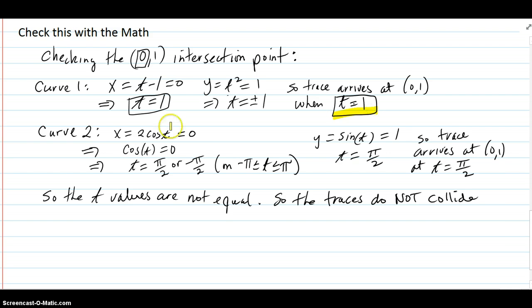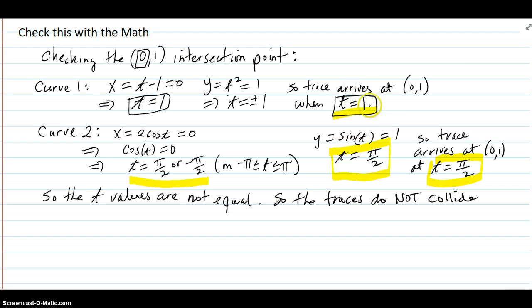Okay, and then similarly, doing curve 2, setting up the x equal to 0 and the y equal to 1, we find that you have t equals pi over 2 or negative pi over 2, but over on this one, only pi over 2, and solves that. So it's pi over 2, and that does not match up with 1.